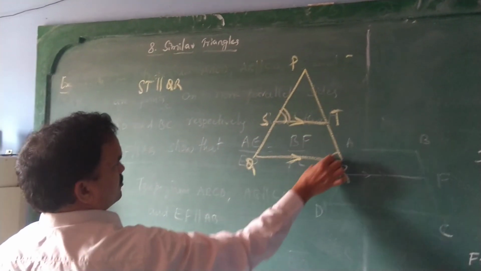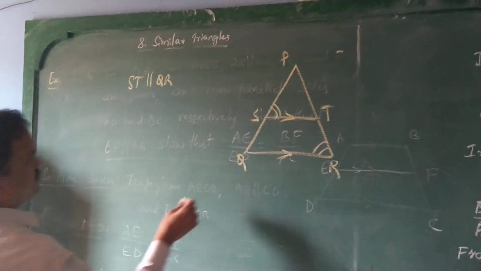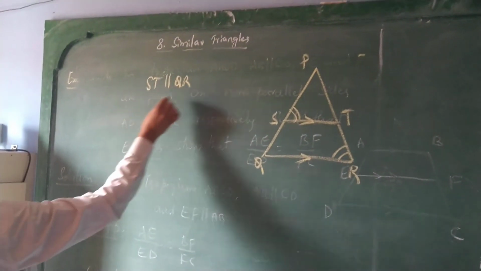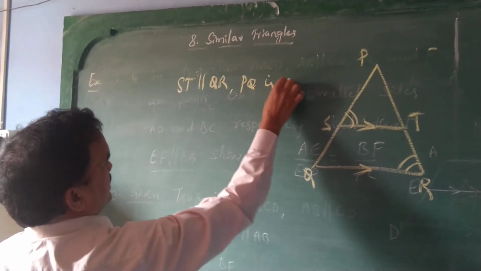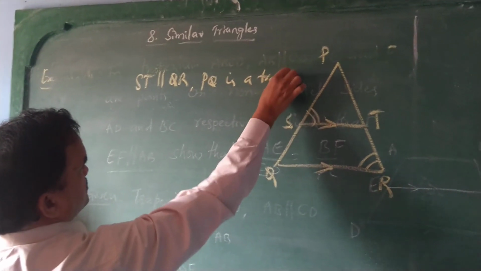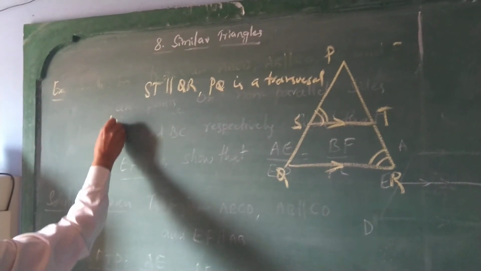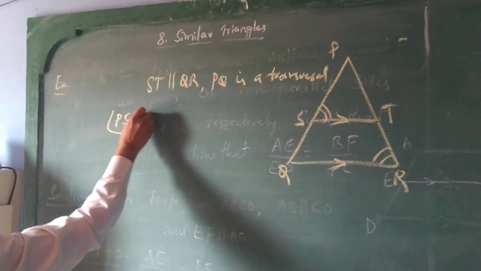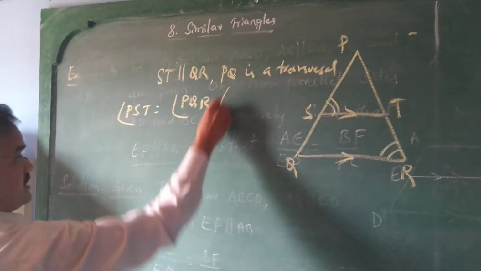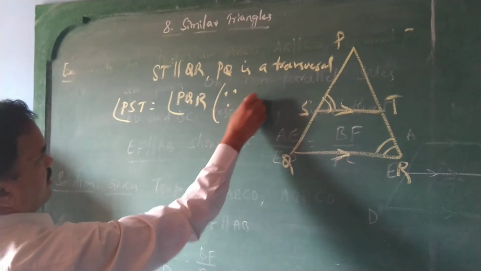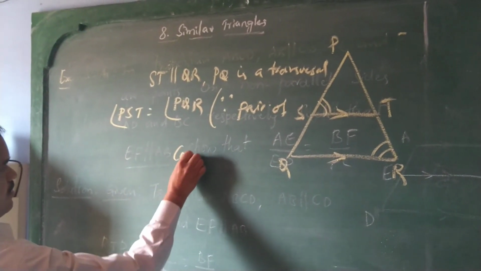These two are parallel and PQ is a transversal. Angle PST is equal to angle PQR, since they are a pair of corresponding angles.